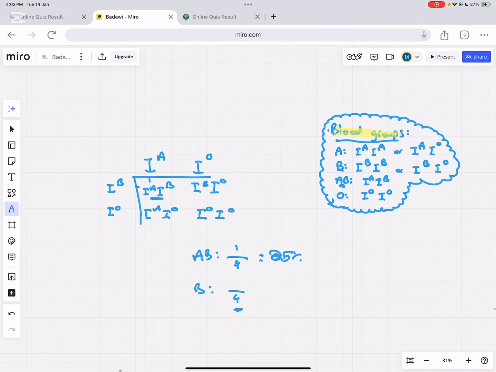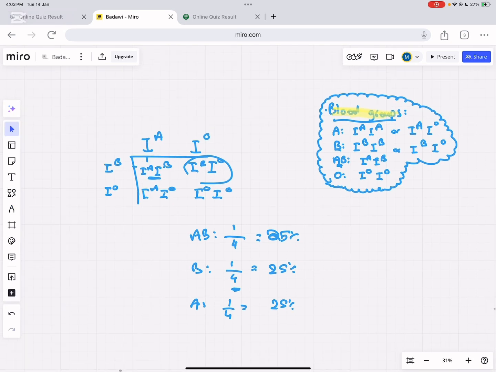So always put the total number in the denominator. And I only have one B, so 1 over 4, which is also 25%. Same thing for A, 1 over 4, 25%. And finally for O, I only have 1, so 1 over 4, 25%.